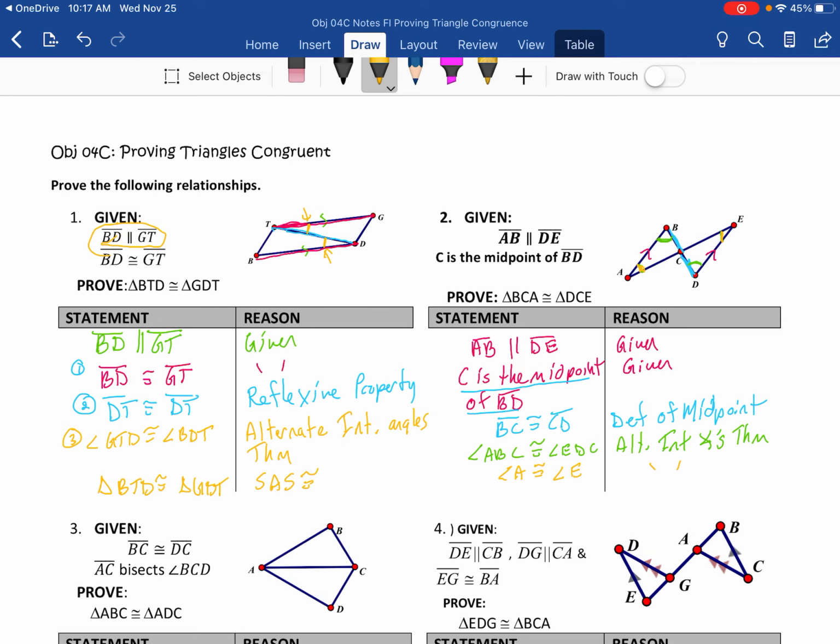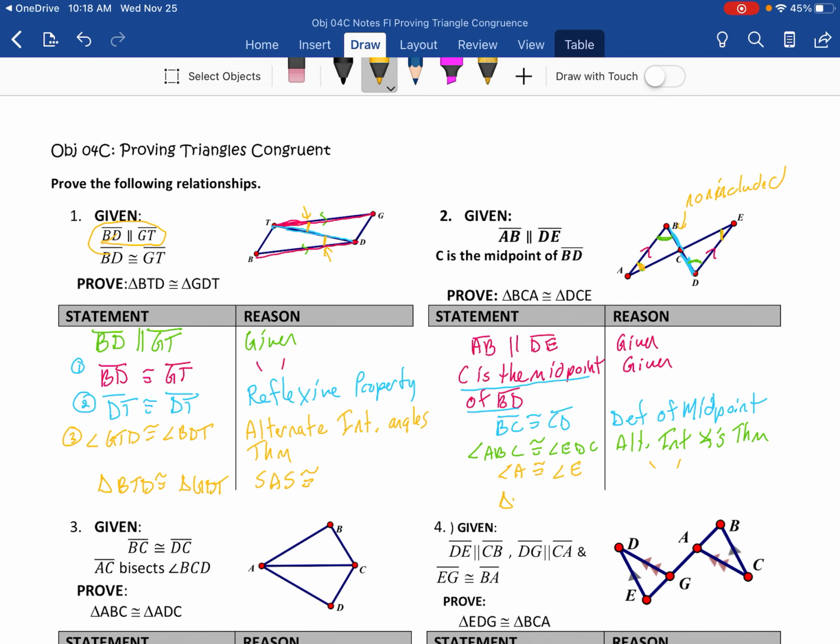Now I'm looking at this, I have two angles and a side. The side is non-included on each, so I know triangle BCA must be congruent to triangle DCE by angle, angle, side congruence. We can call it theorem, THM if you want, that's theorem.